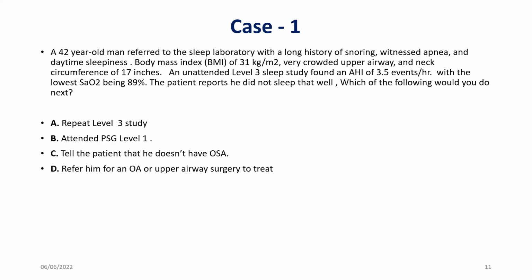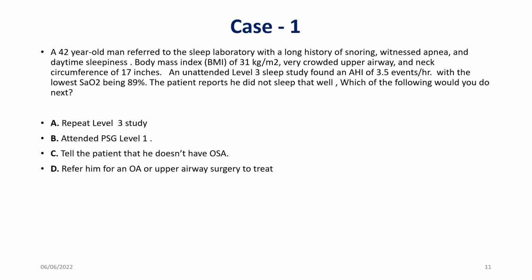We can discuss this. So I told you, if it is a case of pre-surgery or post-surgery, we can do a level 3 study, attended cardiorespiratory study. In this case, AHI is 3.5 events per hour and body mass index is 31 kg per meter squared, but the unattended level 3 study says AHI of 3.5.